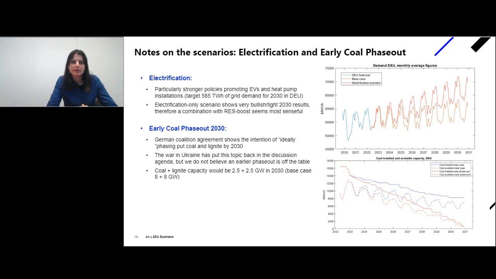We see a continuation of energy efficiency gains leading to reduced demand, and only by mid-decade we believe that the total power demand will be impacted and will be more electrified, and that the electrification will overcompensate energy efficiency gains. That is in our base case at the moment and depicted here in orange.